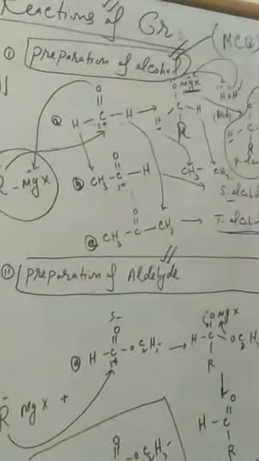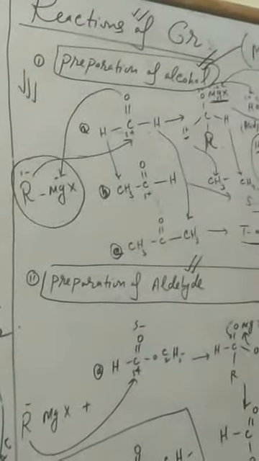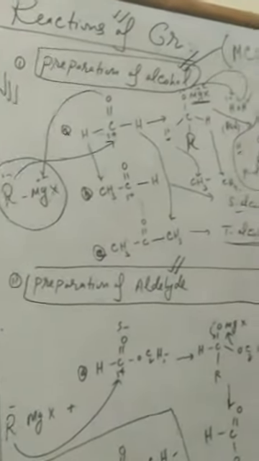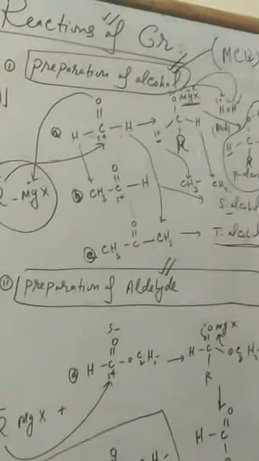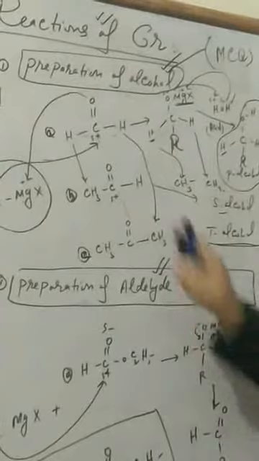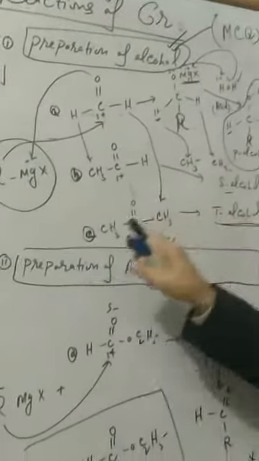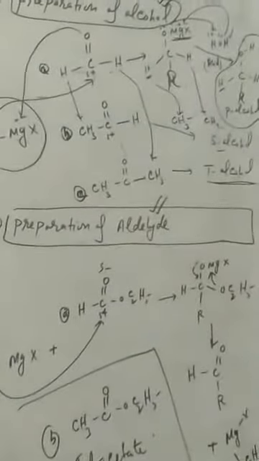If Grignard reagent reacts with acetaldehyde, we will get a secondary alcohol, and acetone reacting with Grignard reagent will give a tertiary alcohol. This is quite simple. Now, preparation of aldehyde.